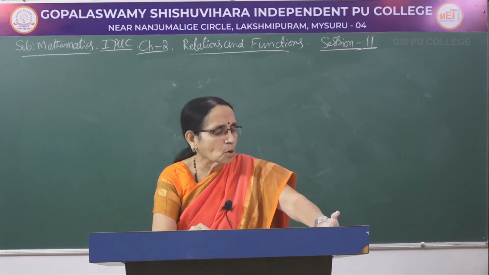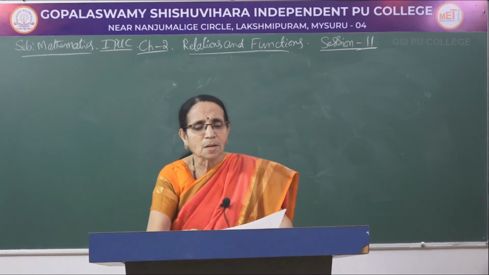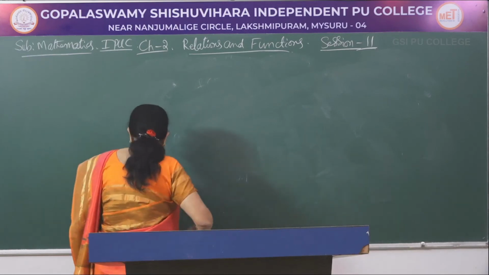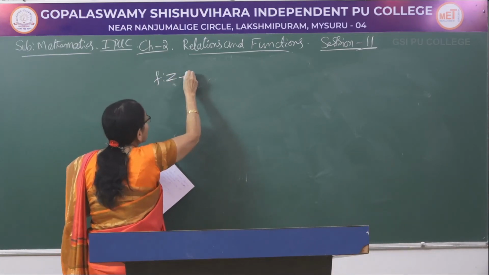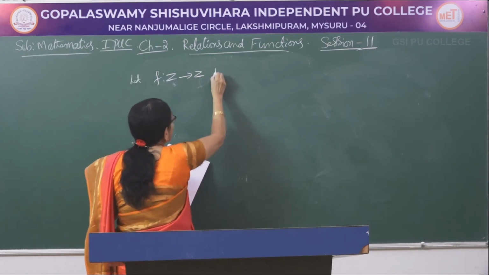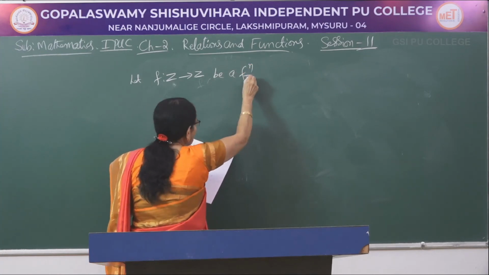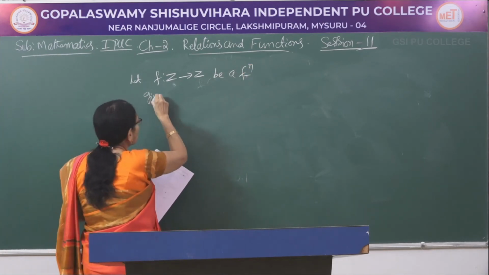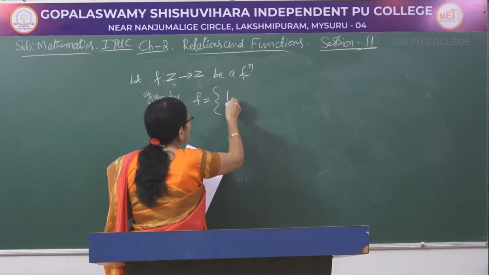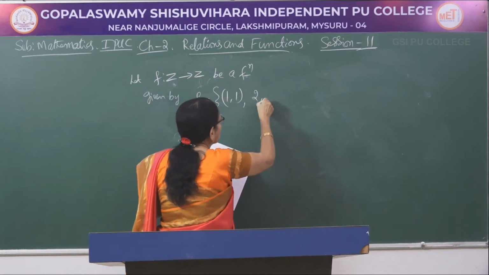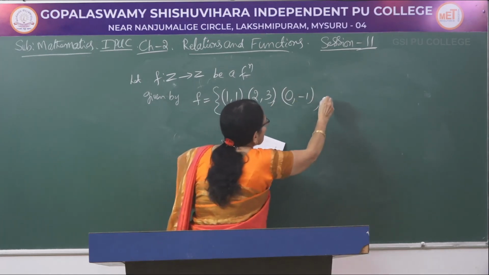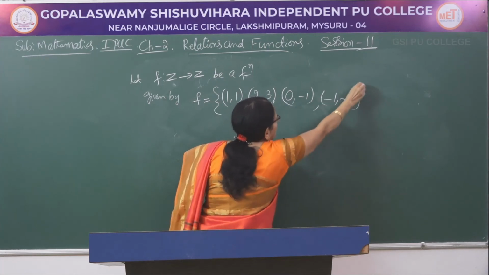Now this particular problem which I am going to work out is a little bit different, not difficult, a little bit different, that's all. Here the problem is like this: let f from Z to Z be a function given by 1, 1, 2, 3, 0, minus 1, minus 3.